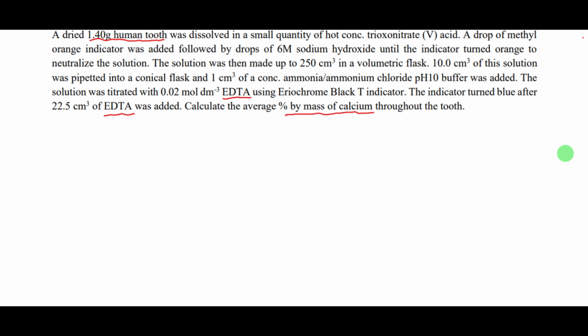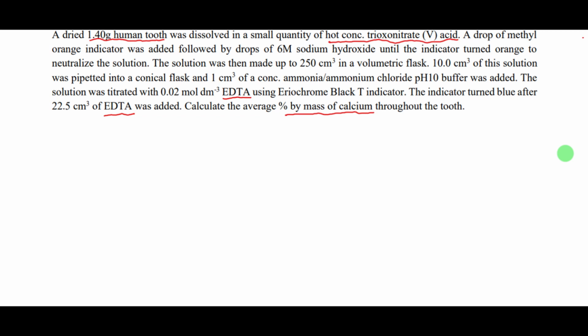But we can only achieve that by first of all extracting the calcium in the tooth, and to do that we use hot concentrated trioxonitrate(V) acid, right? The hot concentrated trioxonitrate(V) acid added to the human tooth dissolved it, but because of the very high concentration of the acid, the solution will still be what? Acidic.